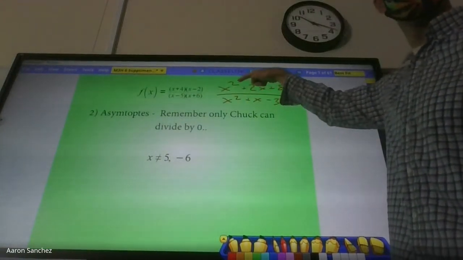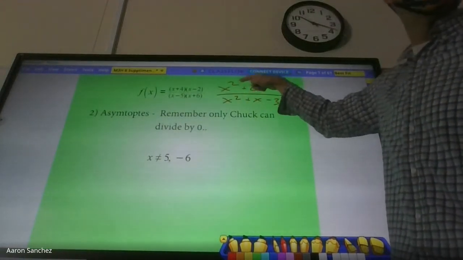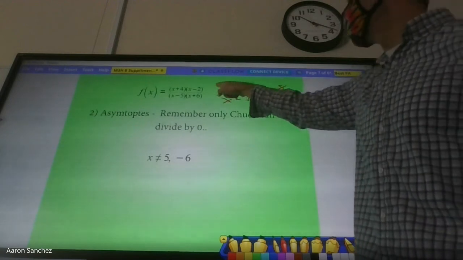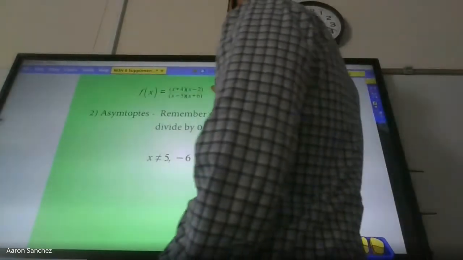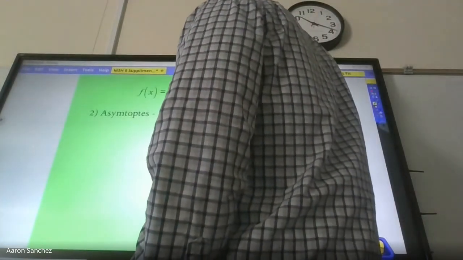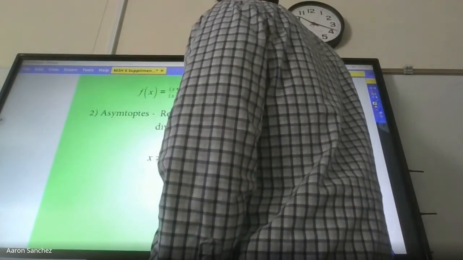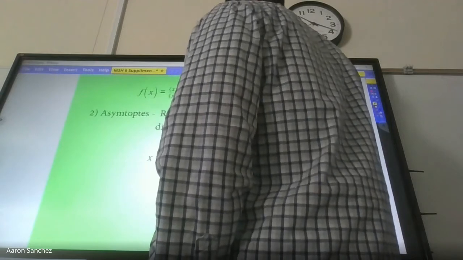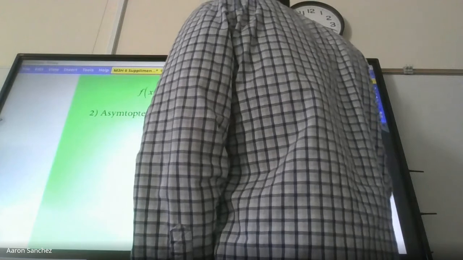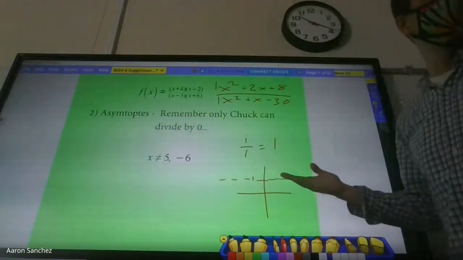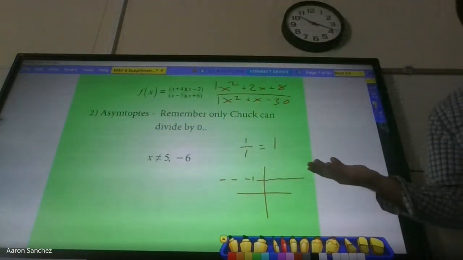What are they? They're both 2. What's my coefficient, my number in front? 1. What's 1 divided by 1? 1. So that's why my horizontal asymptote was at 1. That's the situation I was doing there.